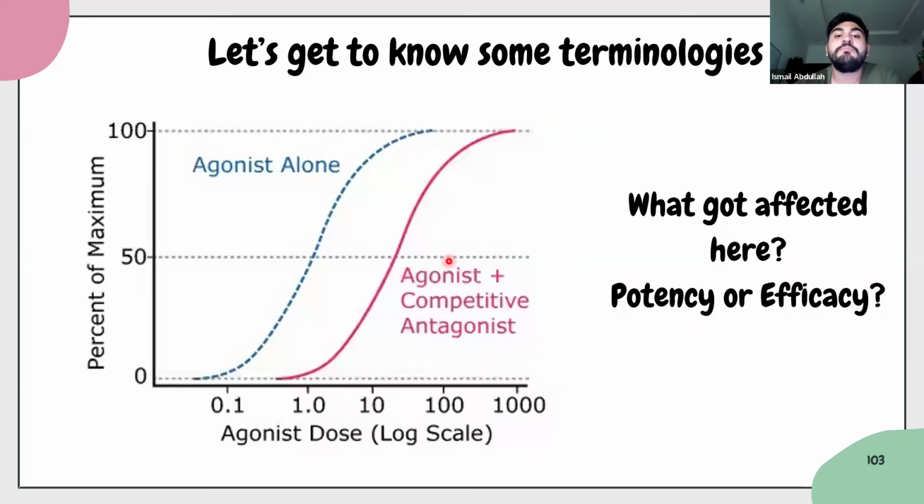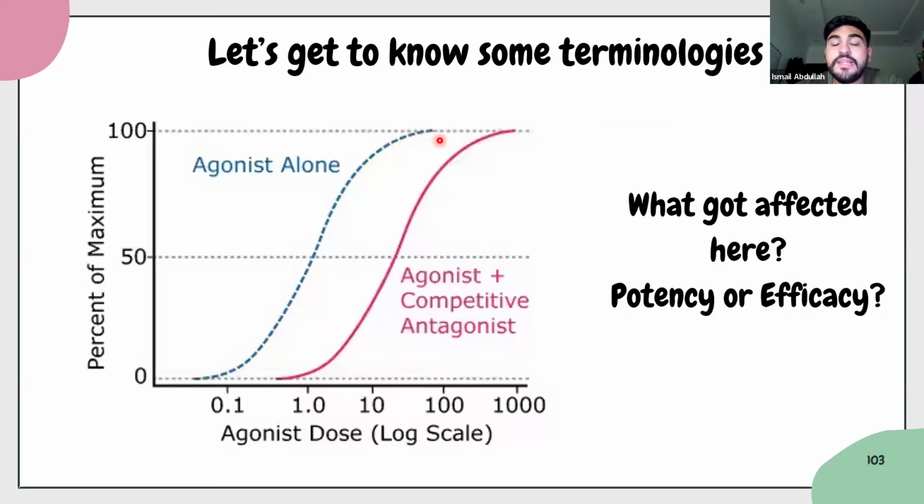First of all, we added a competitive antagonist. Competitive antagonist meaning that they're both competing for the same receptor, right? It's just a matter of who binds first. So how would you know what got really affected? For the efficacy, you check where it lastly ended. So this is the maximal efficacy.